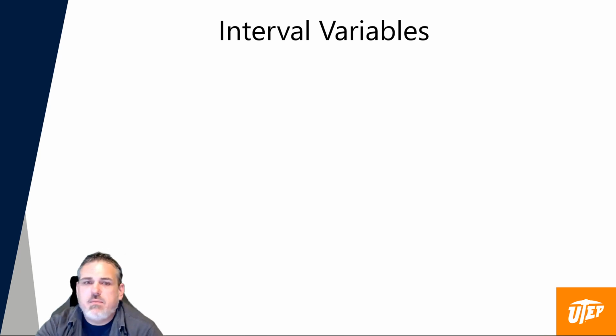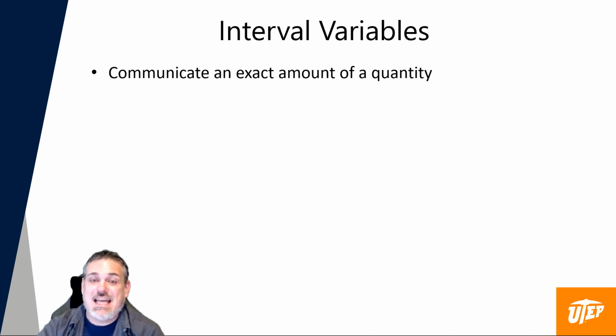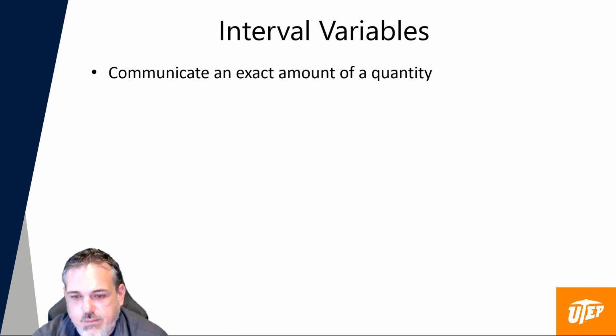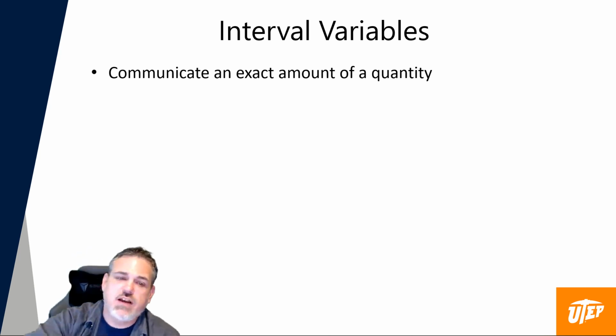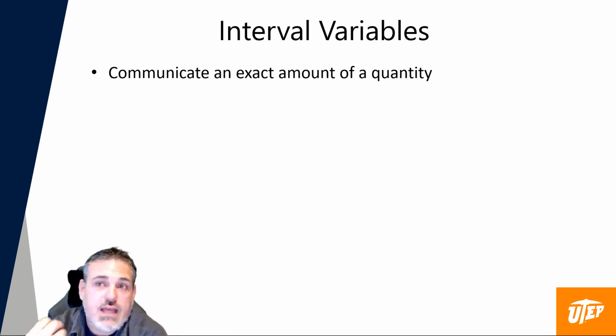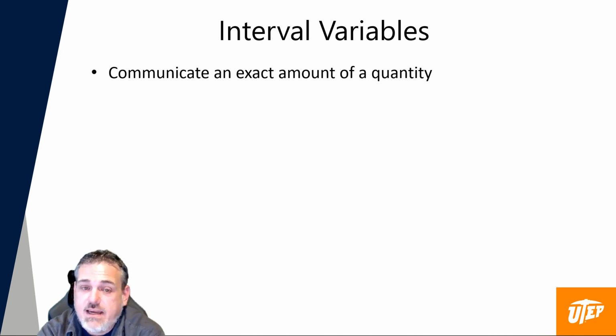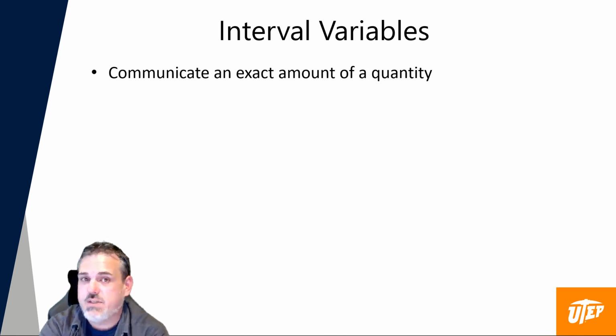So a little bit more about interval variables. First off, they communicate an exact amount of a quantity. So when we look at a data set, or we think about the concept and we want to measure age, that age is communicated in a precise amount, though it might vary in terms of that preciseness.